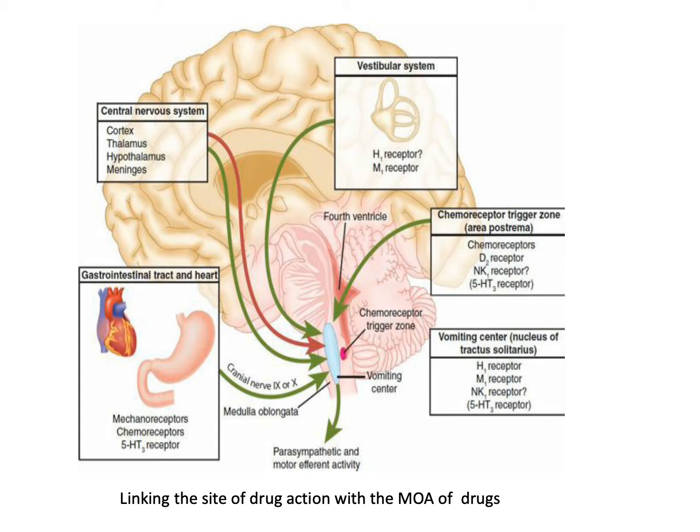Here again, just to recap, there are different receptor subtypes present. You can see H for vestibular, so the H1 and M1 receptors. Those targeting these will be more useful for this section. For the chemoreceptor trigger zone, you can see some 5-HT, NK1, and some D2 receptors. You can see that they are sometimes non-overlapping, right?